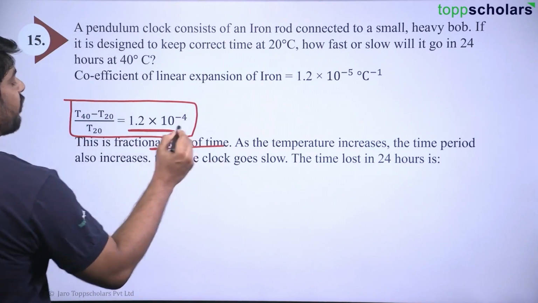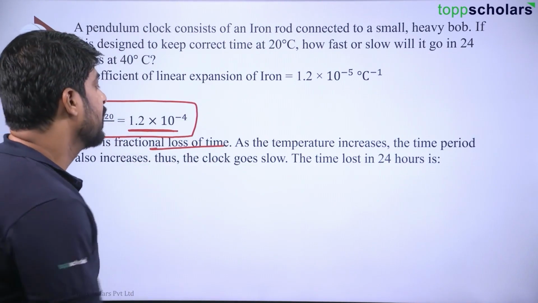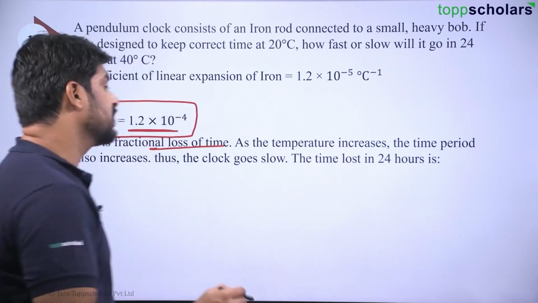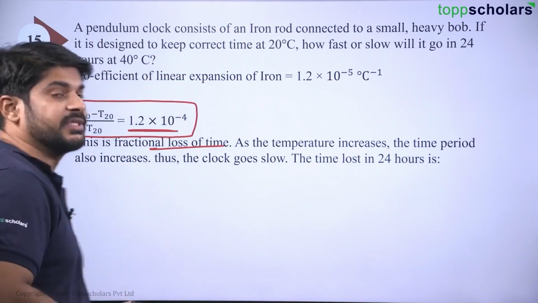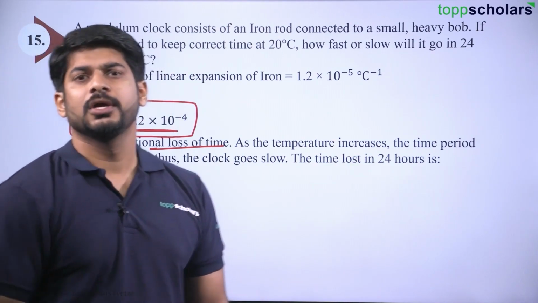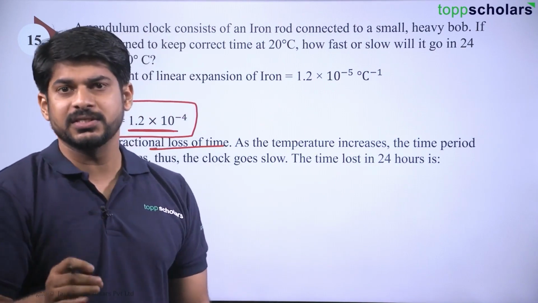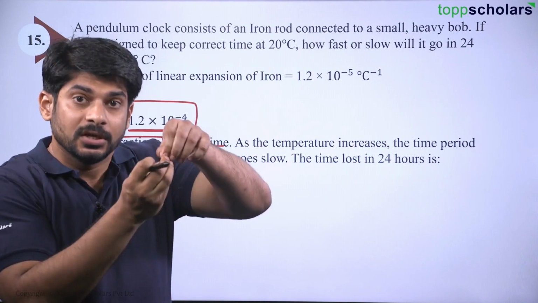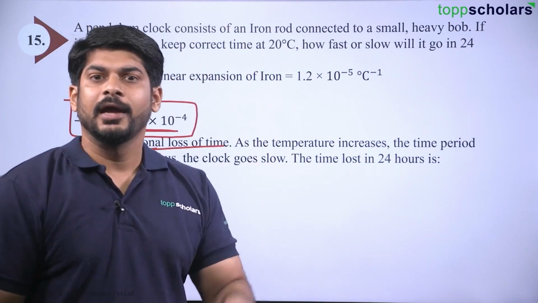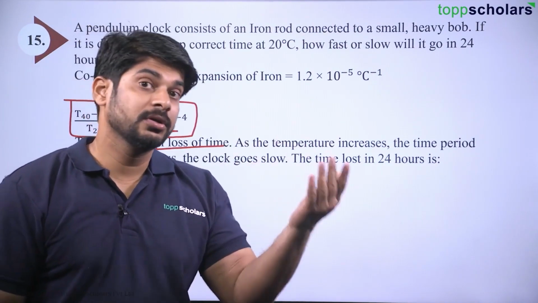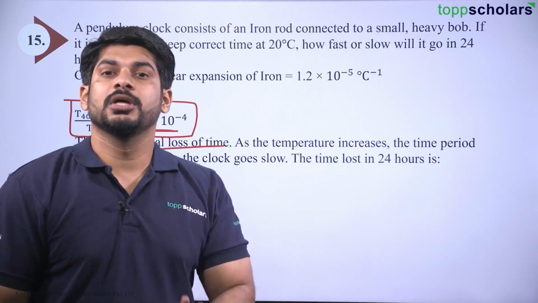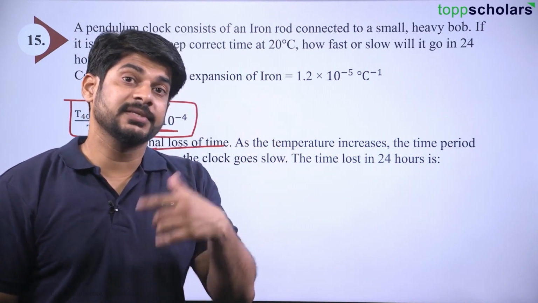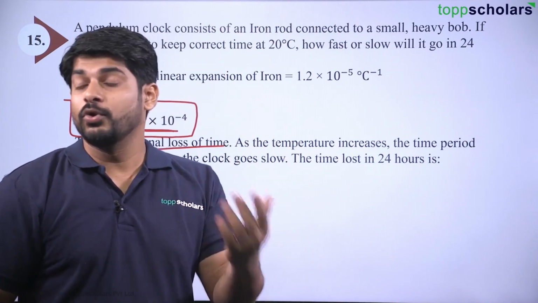Now moving on, this is the fractional loss of time. As the temperature increases, the time period also increases. Why? Because when the temperature increases, the rod expands linearly. That means its length increases a little bit, and we know time period depends on length. So as the length increases, the time period also increases. And what is time period?